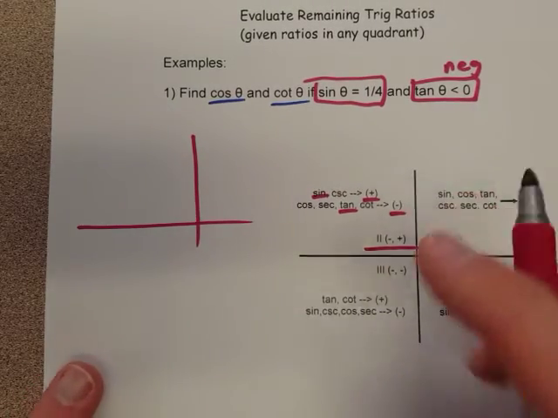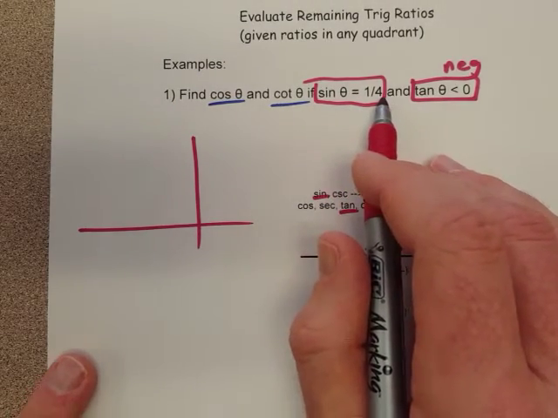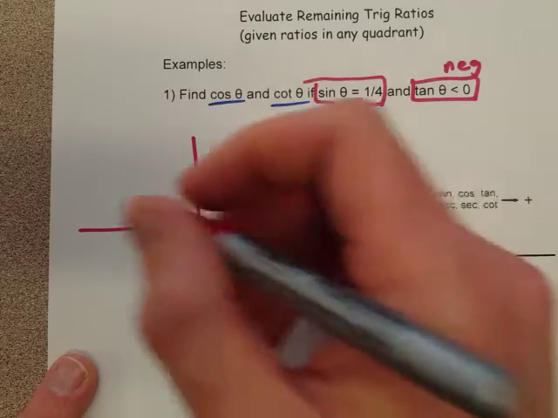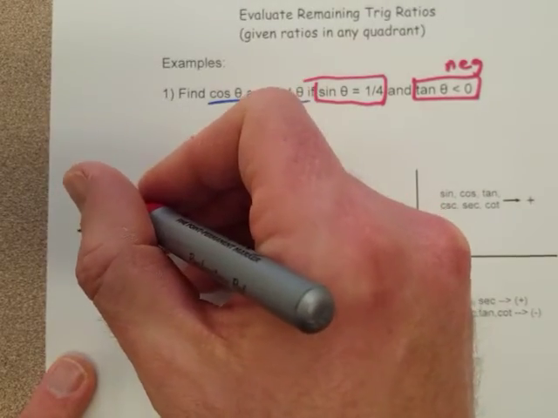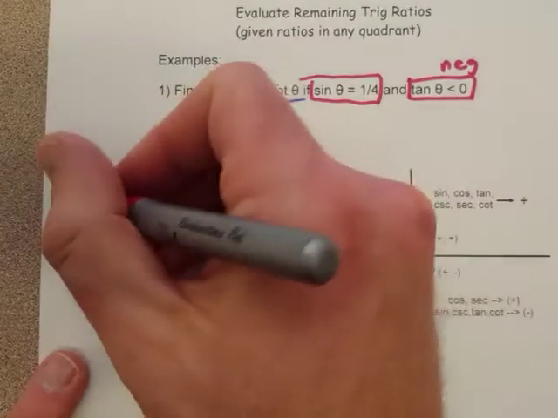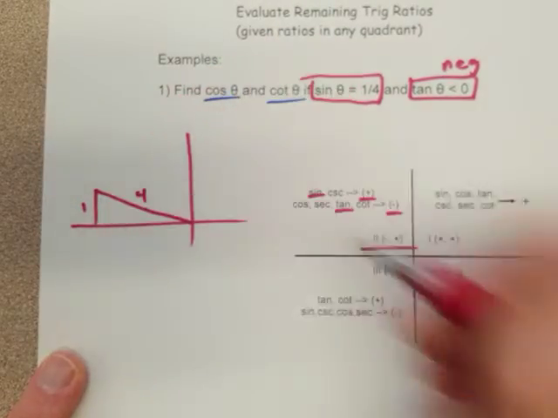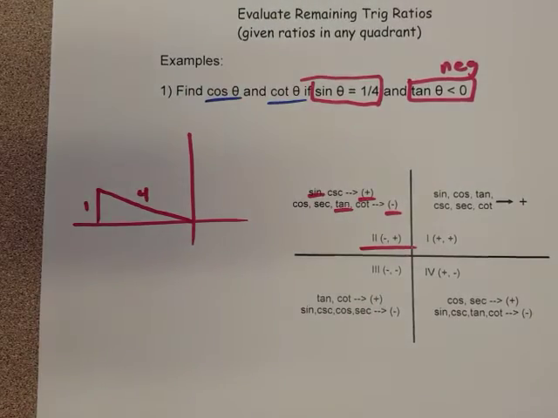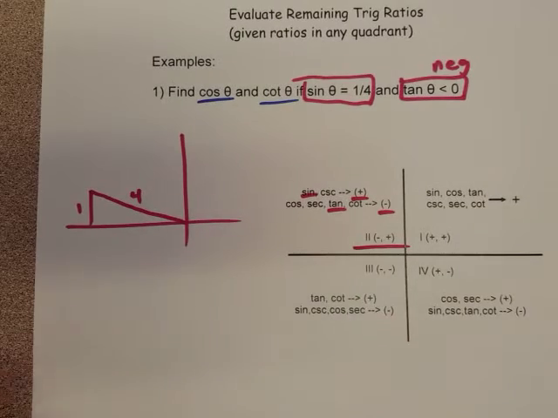Now it says that the sine is 1/4. So that's opposite over hypotenuse. So I'm just going to make my triangle the best I can. It doesn't have to be perfectly drawn to scale, but that's going to be opposite over hypotenuse. Now, once I do that, I'm going to want to do the Pythagorean theorem to find out this last side here.